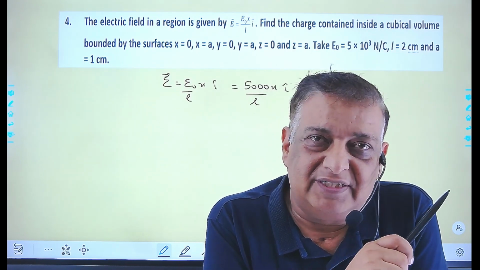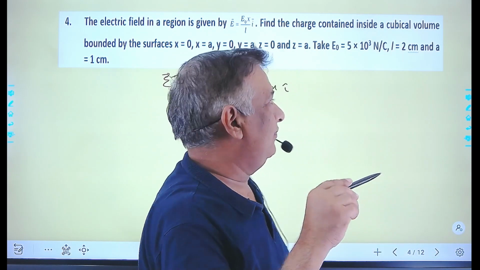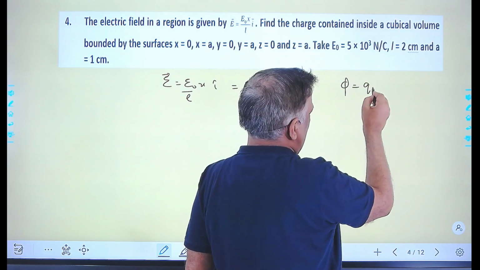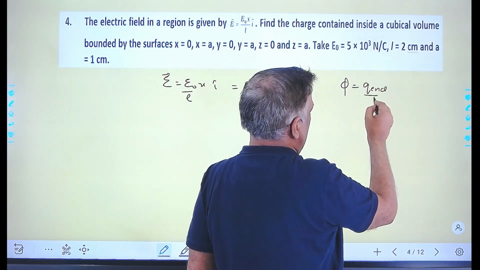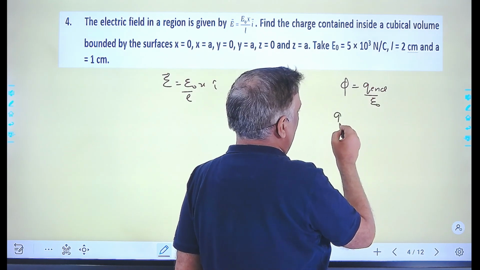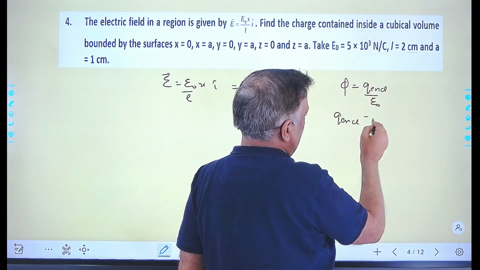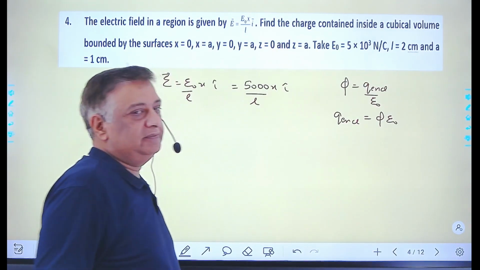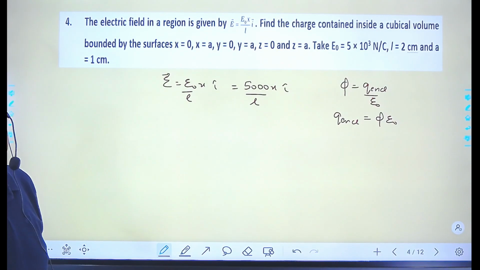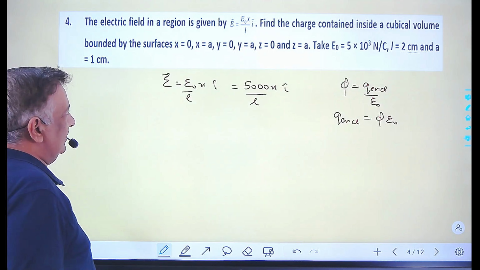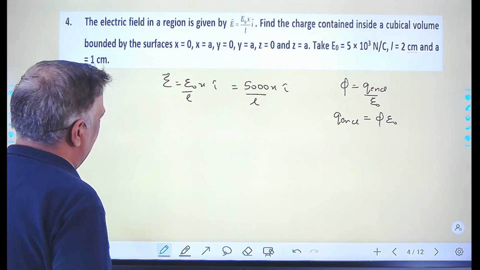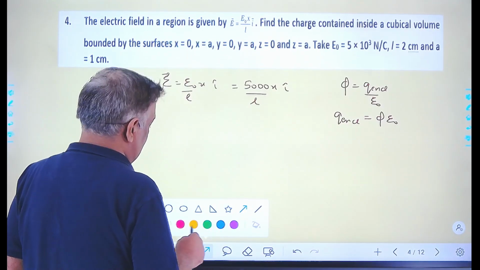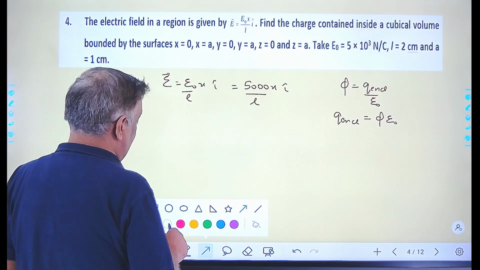So if we calculate the net flux, then flux is Q enclosed by epsilon naught, so Q enclosed is net flux into epsilon naught. We are given that the cube has side a.